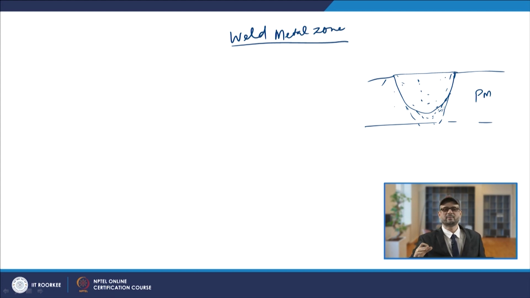The maximum heat extraction will take place normal to the boundary, because you have the maximum area. So, accordingly your grains will be growing from there, and the grain growth will show how grains grow and come towards the center.